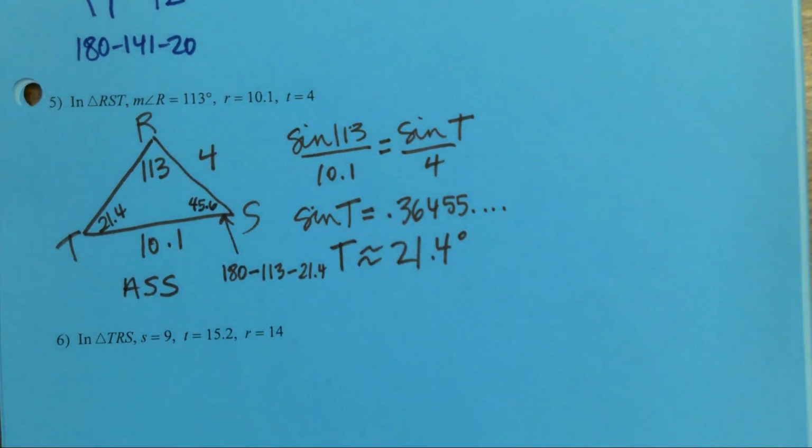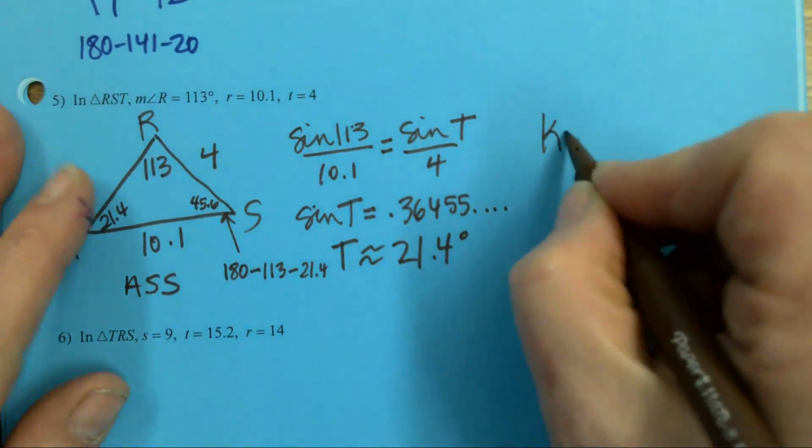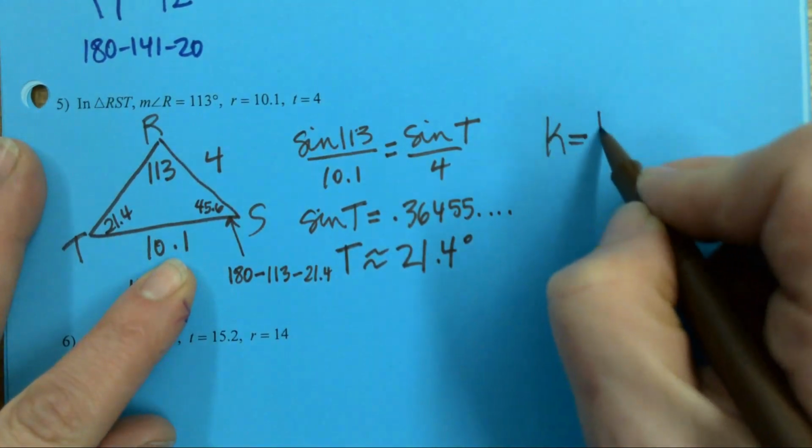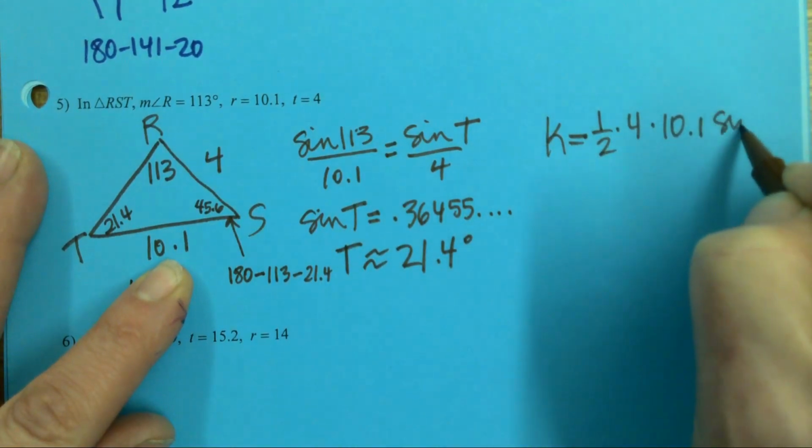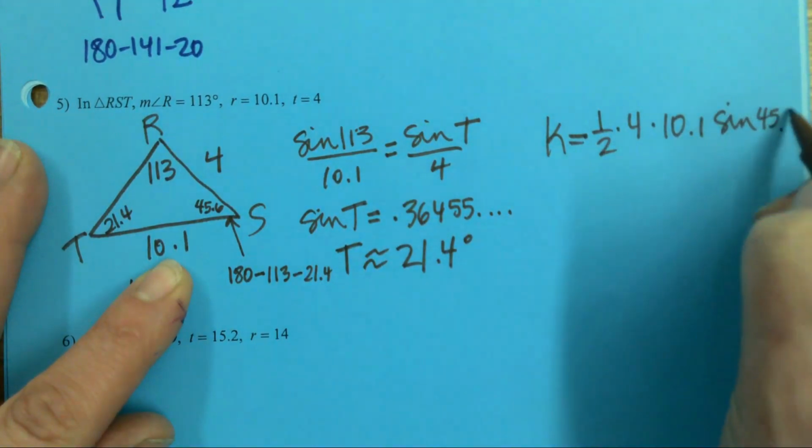Now, the reason that I always like to find the third angle is because then I find the angle that is between the two sides I know, and I can use that first formula. I have to find it anyways if I'm going to use the other one, but this one sets me up really nice for that first formula, so I'll go back to K equals 1/2 times 4 times 10.1 times the sine of 45.6.